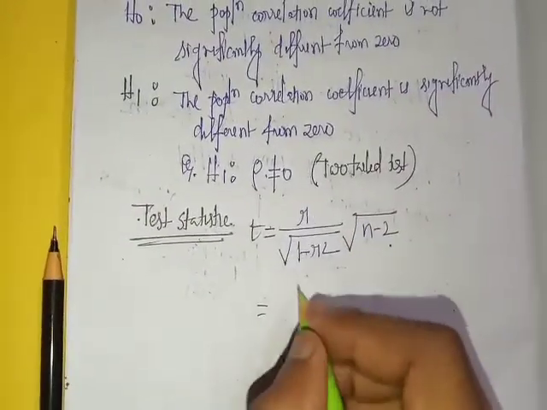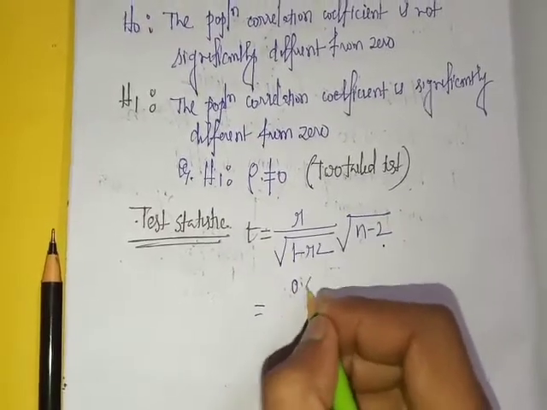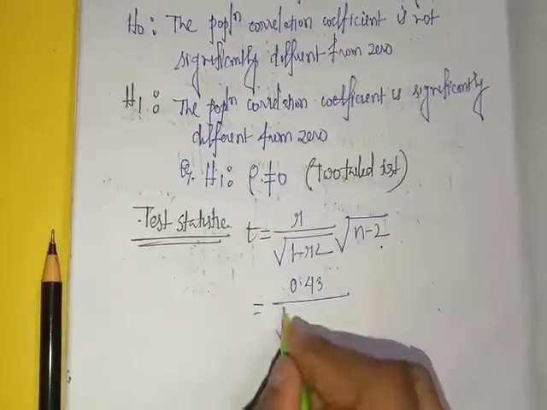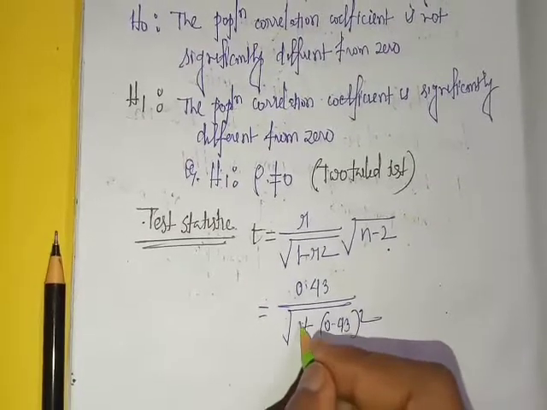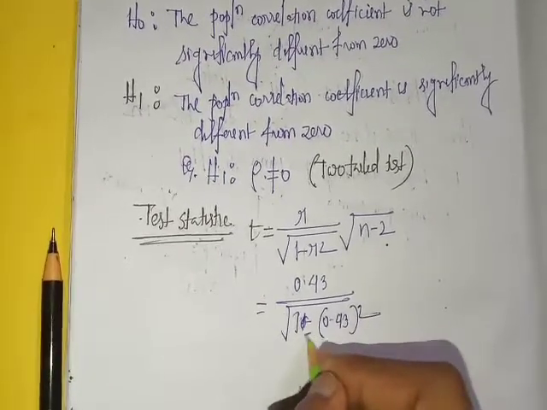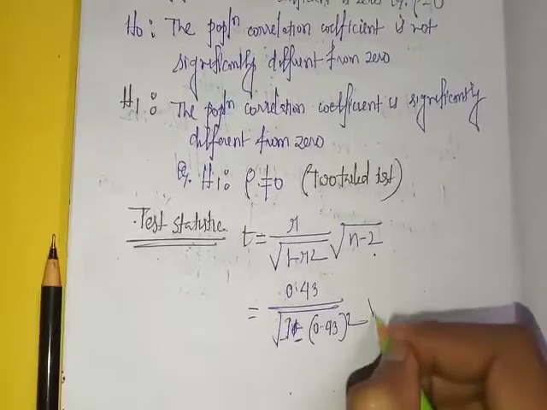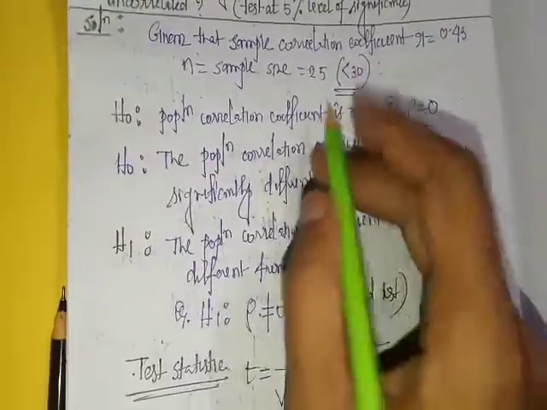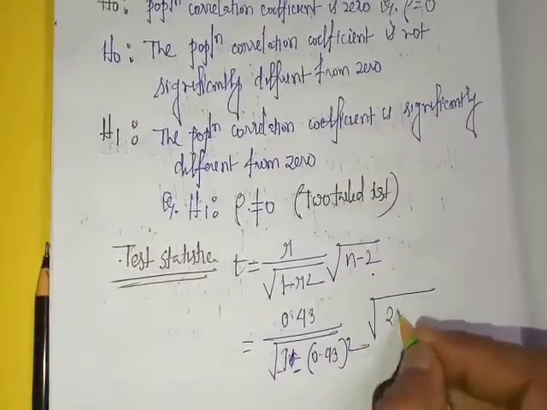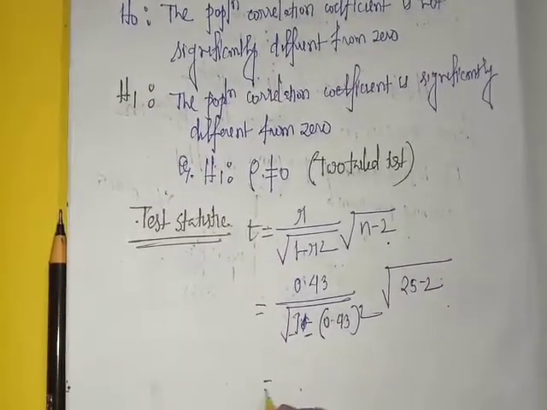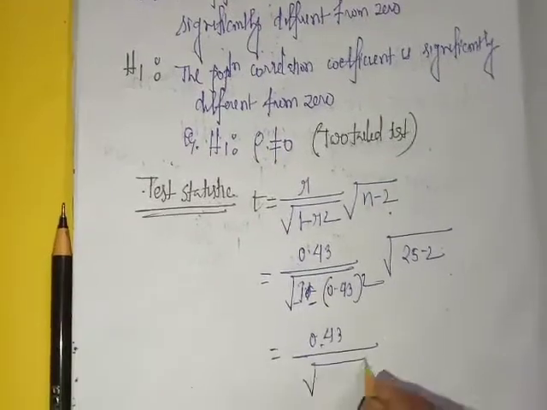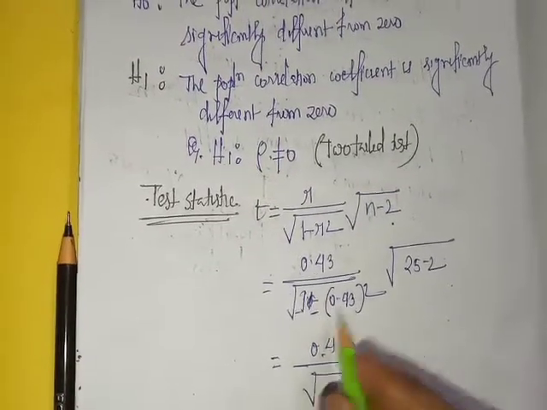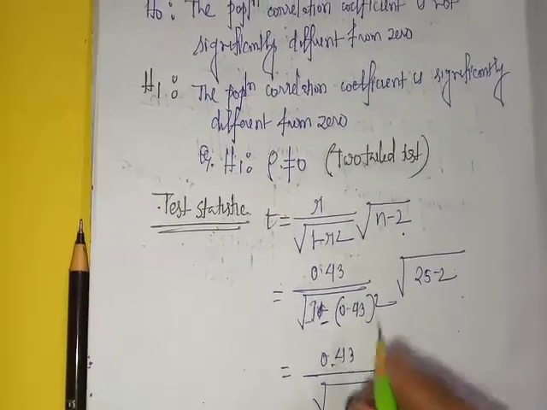Putting these values, we get 0.43 by root over 1 minus 0.43 whole square, into root over 25 minus 2.